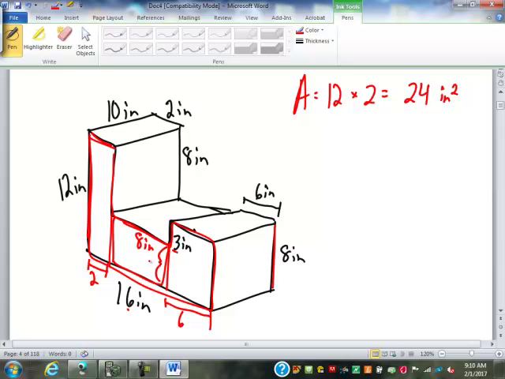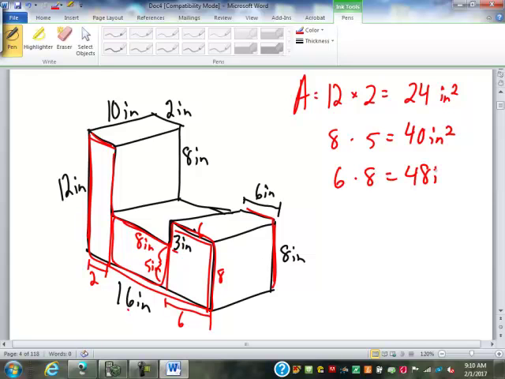This is 8, this is 3, that's got to be 5. Does that make sense? So that is 8 by 5. That is 40 inches squared. This one is 6 by 8 here. So 48 inches squared. That's 112 inches squared is the area of my base.